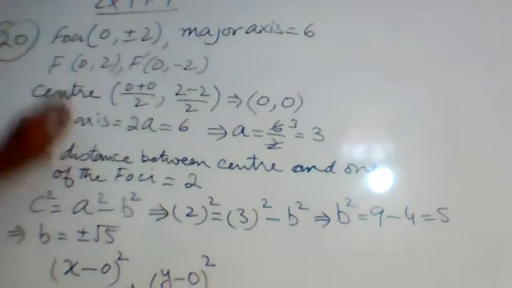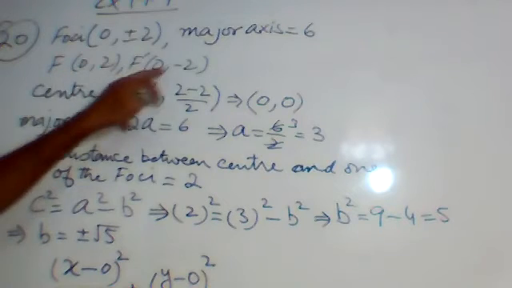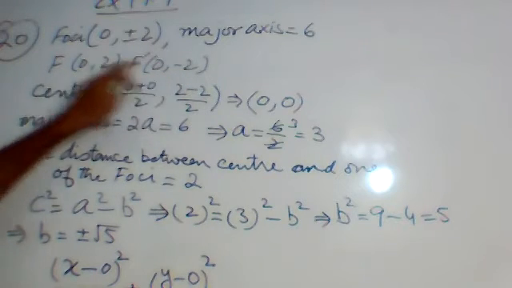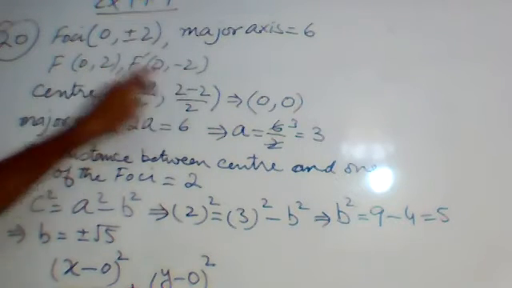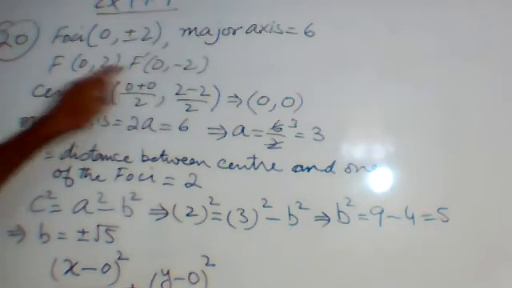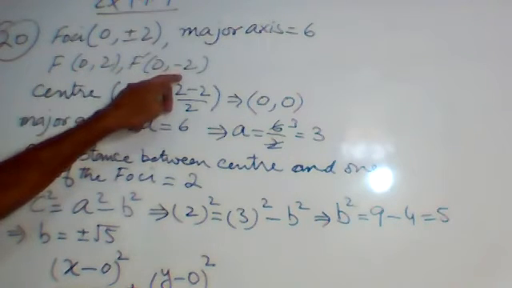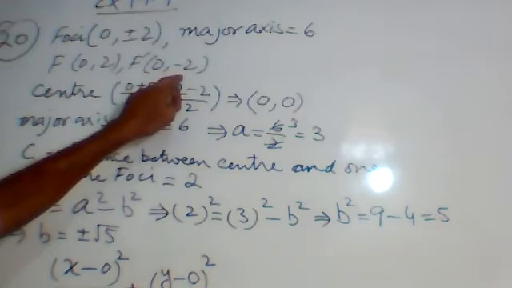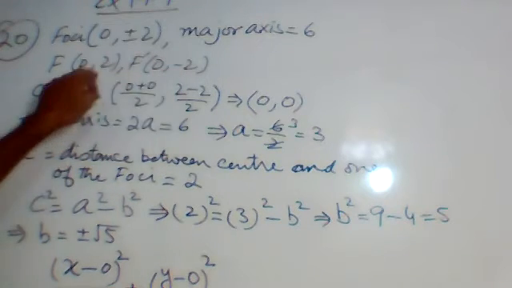Here the foci are 0, 2 and 0, minus 2. So the y coordinate is going to change and the x coordinate is as it is. Therefore, the transverse axis is along the y axis.